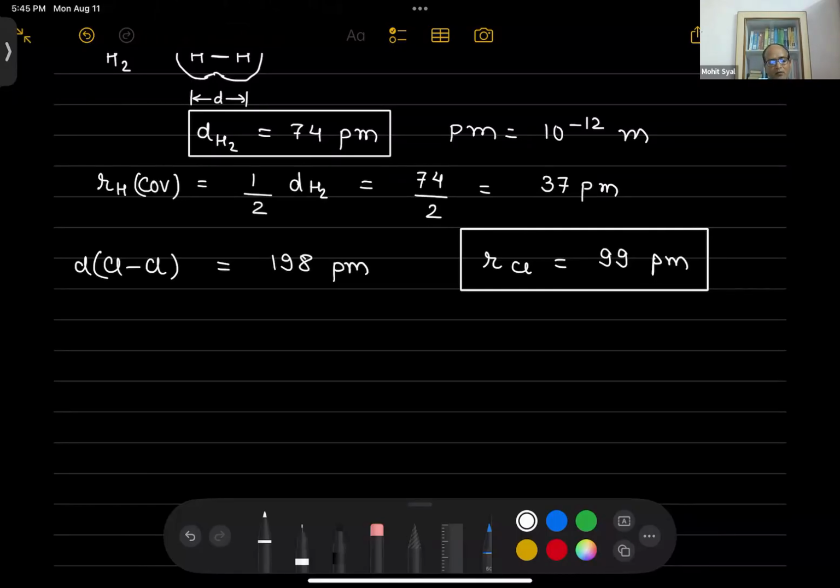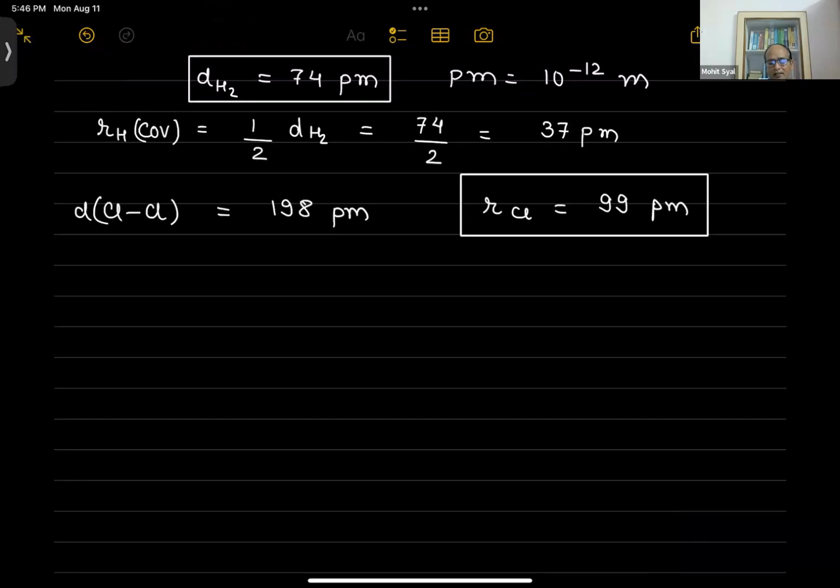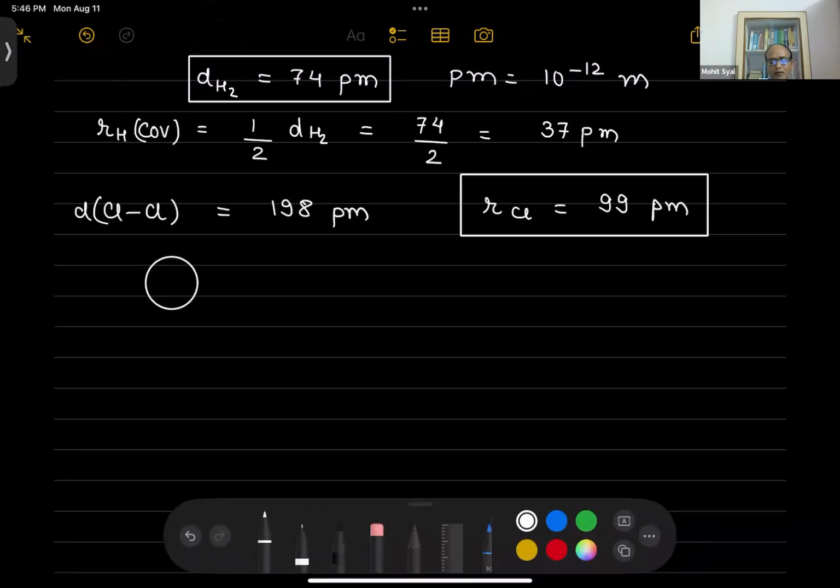But you need to understand that the radius you get by this method is going to be a bit smaller than the actual size. Suppose the actual size of one chlorine is this, and the actual size of another chlorine is this. The distance you are measuring is this, and if you half this distance, the size is actually up to this point, the outer boundary.